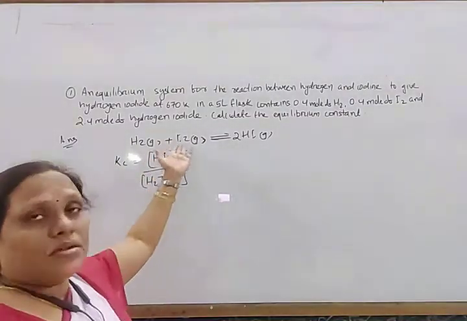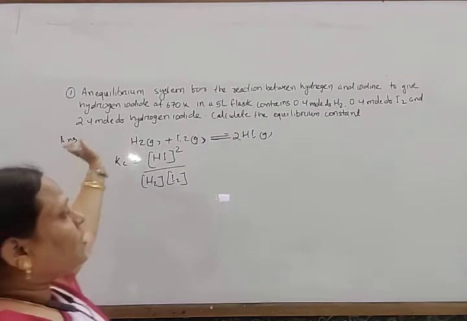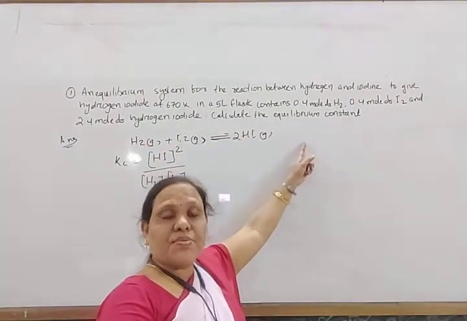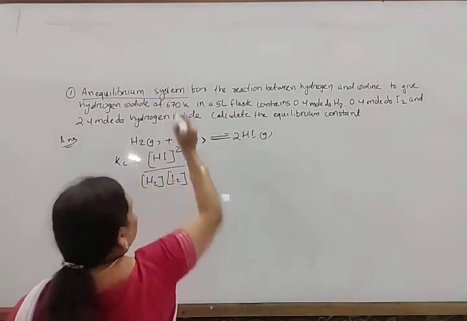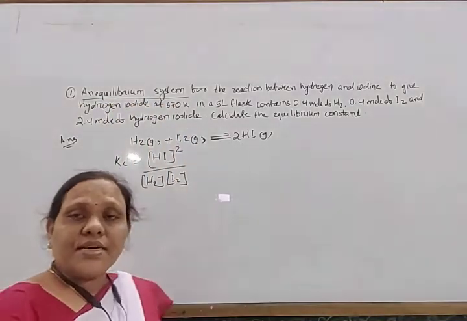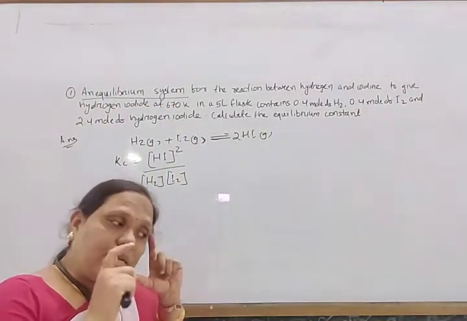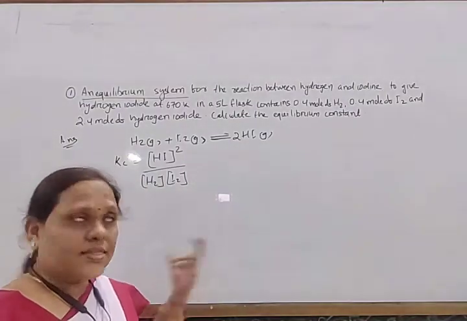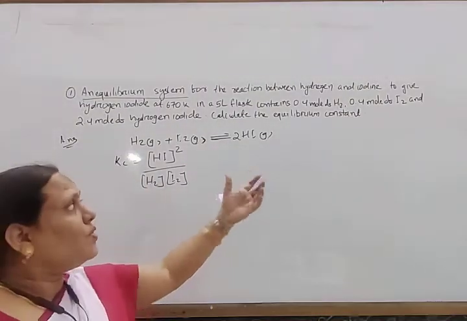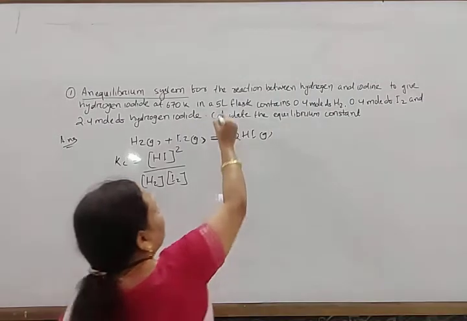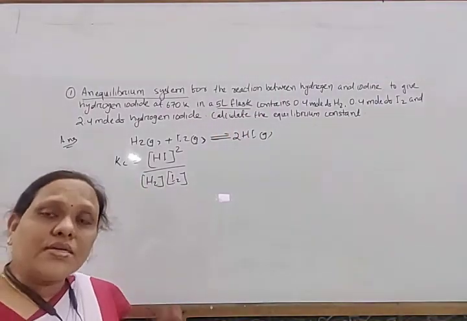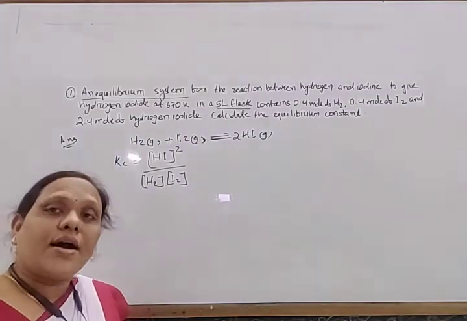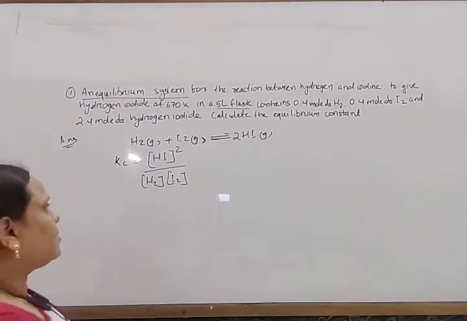But in this problem there is no difficulty, because the number of moles present at equilibrium is already given. But it is given only in moles and the container is a 5 liter flask, so first you have to find the molar concentrations at equilibrium.